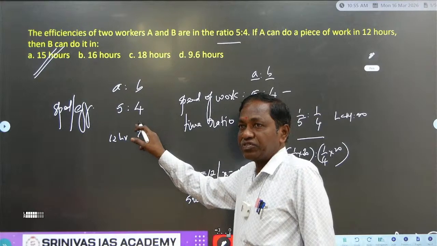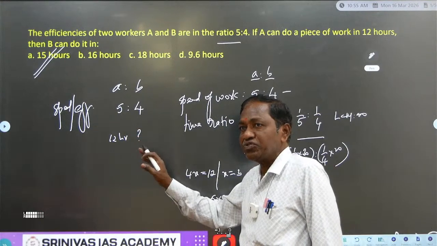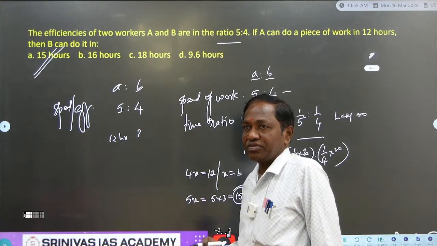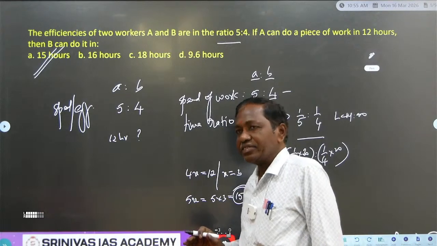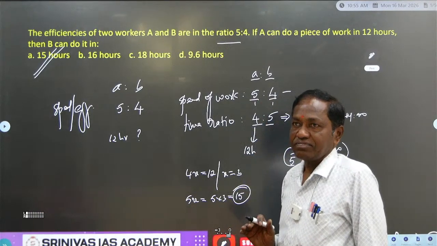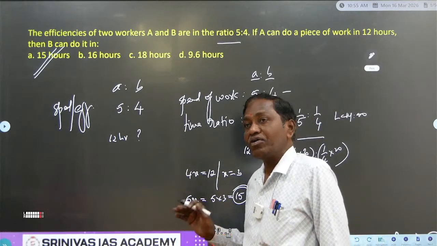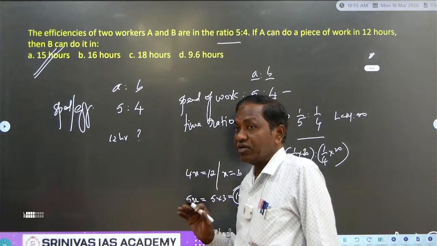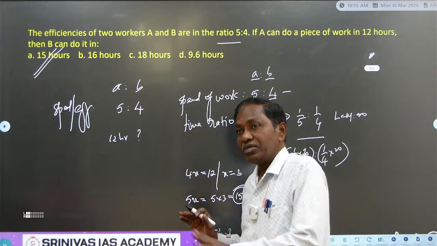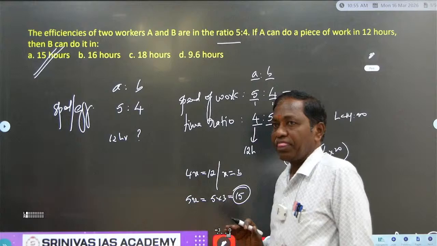Speed ratios and time ratios are reverse ratios. So you have to convert the speed ratio into time. That is the first thing. Sometimes we get the answer directly, but not always. That's why let us not jump into that.